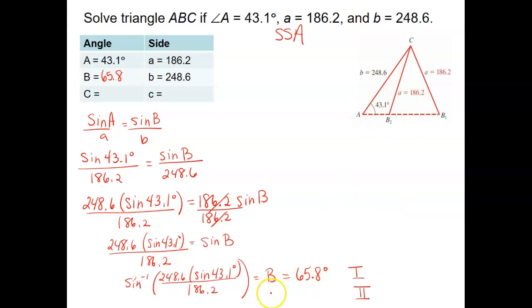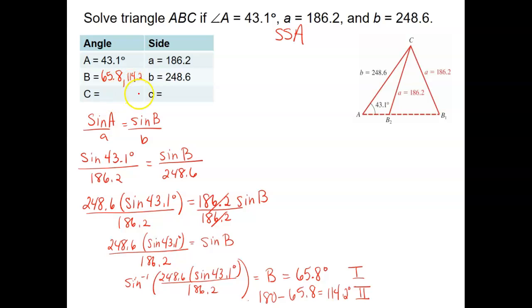So then I'm going to do 180 minus this 65.8. If I subtract those, I'm going to get 114.2 degrees. So my angle B is either 65.8 or 114.2 degrees.